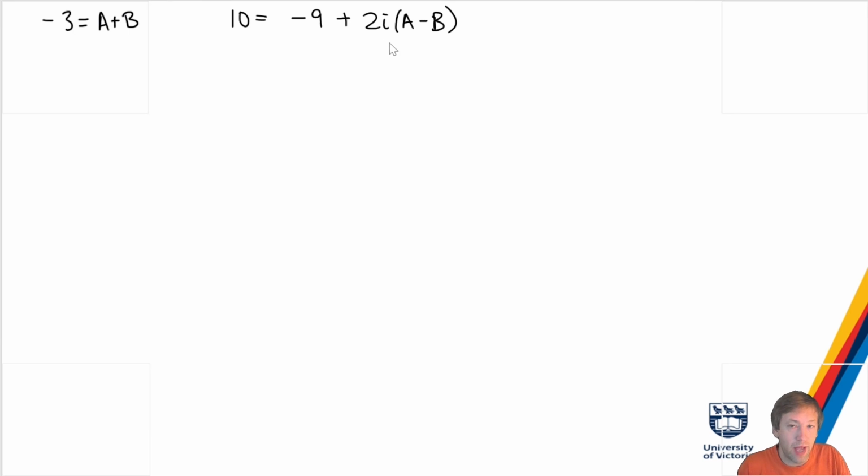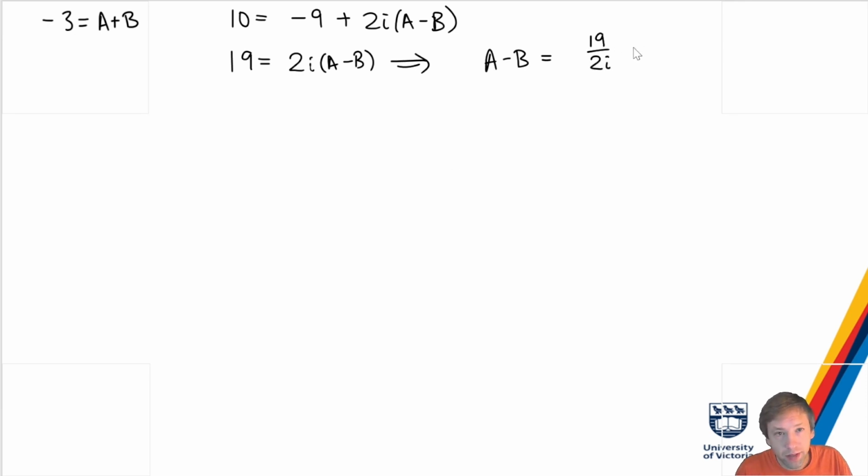Let's solve this for a minus b. So 19 is equal to 2i times (a minus b). Therefore, a minus b is 19 over 2i. If I multiply this on the top and bottom by i, we get 19i over negative 2, that is, negative 19i over 2.